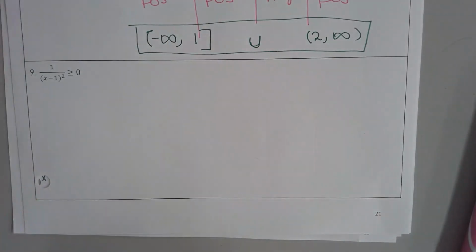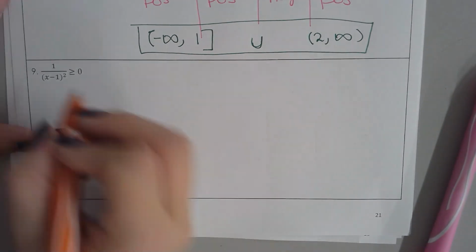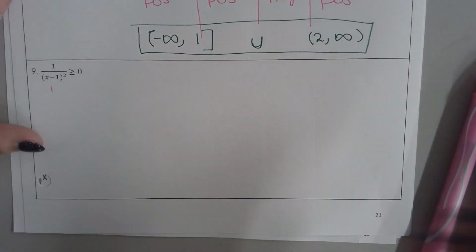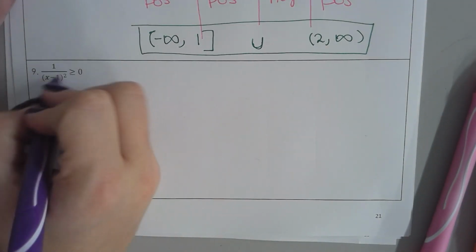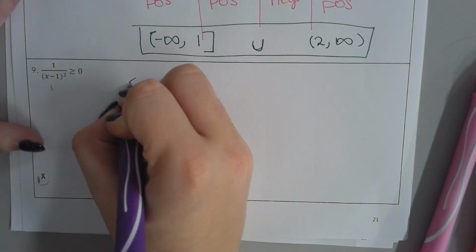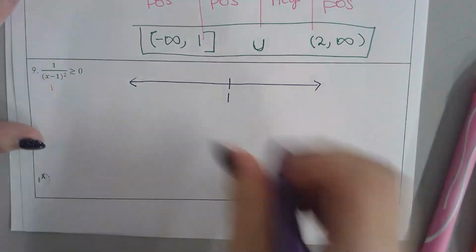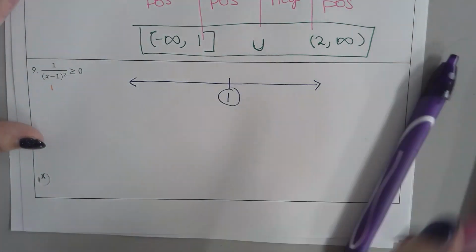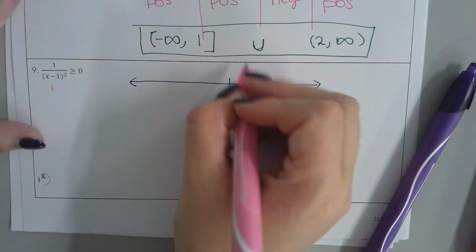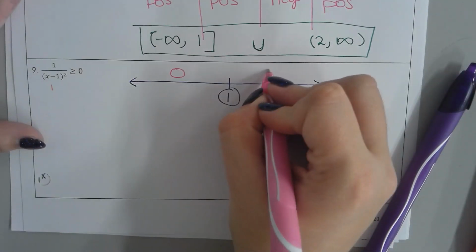Alright, so on number 9, the only number that needs to go on your number line is a positive 1, because you didn't have any x's in the numerator. So this one does not have any x-intercepts. Okay. So we've got 0 and 2.